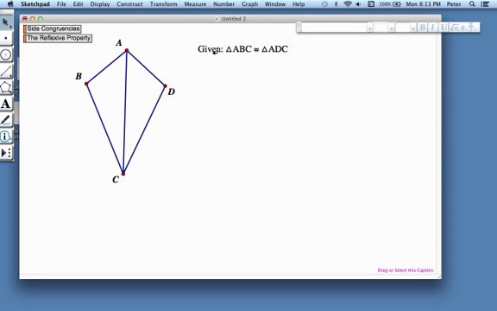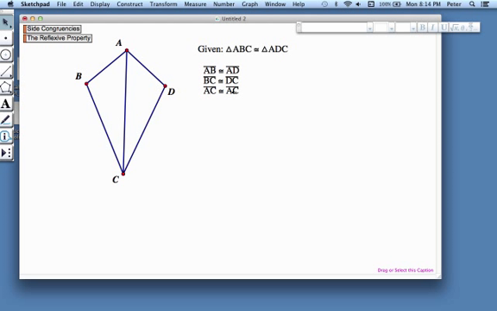Let me show you how it works. Suppose you were given that triangle ABC on the left is congruent to triangle ADC over here on the right. Well, the congruencies among the sides would be that AB is congruent to AD, the longer side BC is congruent to this longer side DC, and then the side down the middle is a side of both triangles.